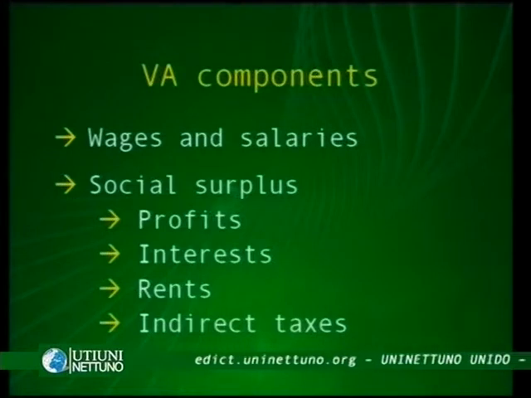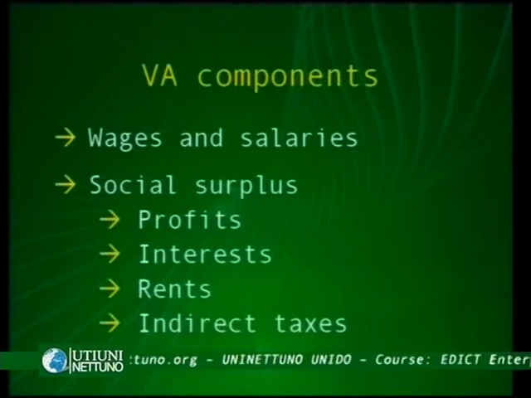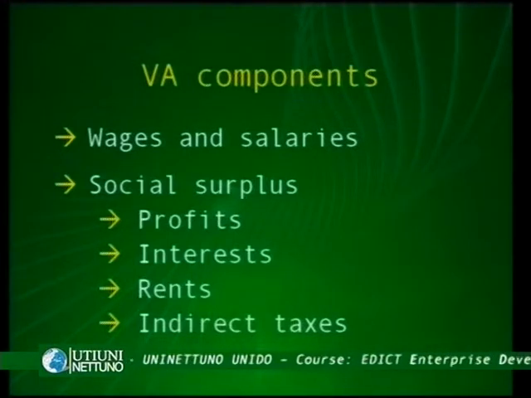In particular, in social surplus, we find profits for the equity investor. As we know, an investor that decides to invest money as a shareholder in a project is expecting some profit.